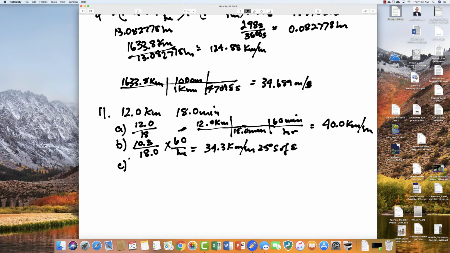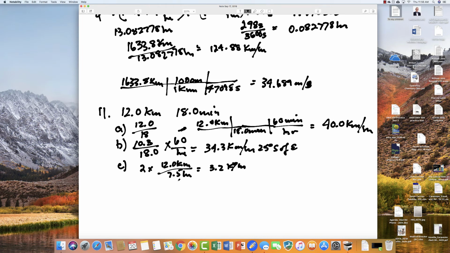And the third part said, if she returned home by the same path 7 hours and 30 minutes after she left, what was the average speed and velocity for the entire trip? Well, speed, now you're going to take 2 times 12 kilometers, because she went over and back, and divide that by the total, which is 7.5 hours, and you end up with 3.2 kilometers per hour for the speed.